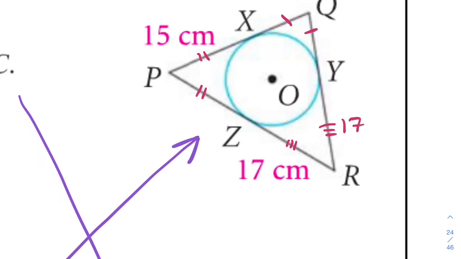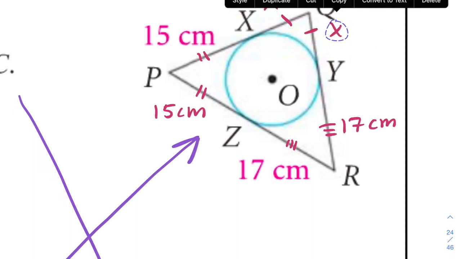And I'll label what I know. So now that's 17 centimeters, and that's 15 centimeters. I don't know what these are, but I can call both of them x if I want to. It's a variable, and I don't need to use two unique ones because we do know that they are equal to one another.